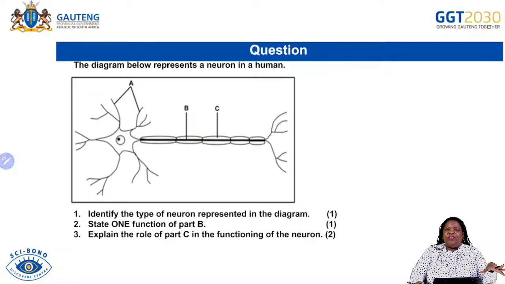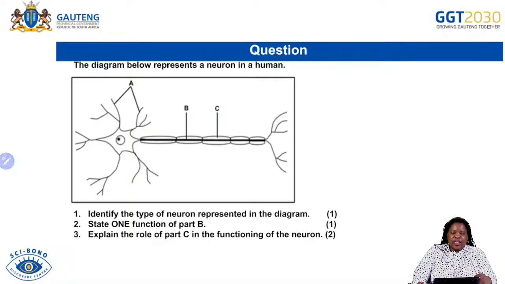When we talk about effectors, we'll be talking about the muscles, or the glands.